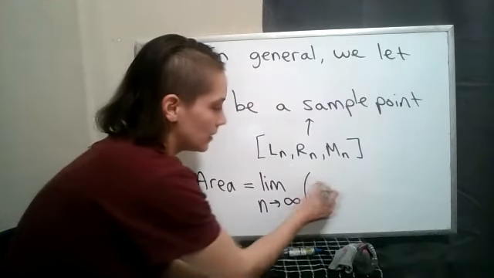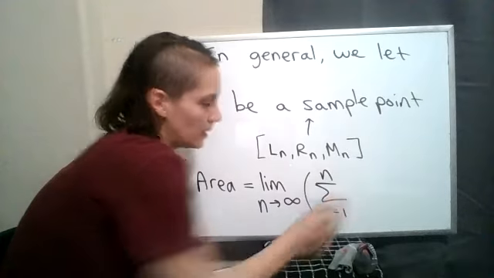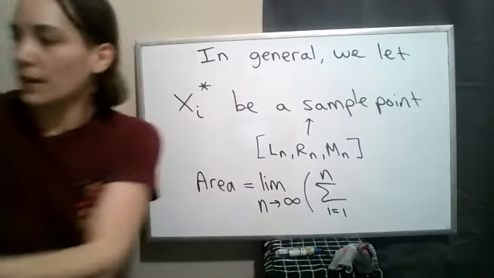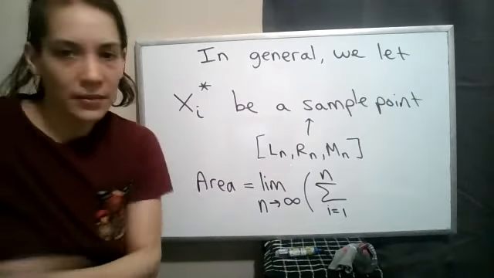So the sum from i equals 1 to n. Okay, the area of the rectangle is width times height. The height is f of x sub i star. The width is delta x.